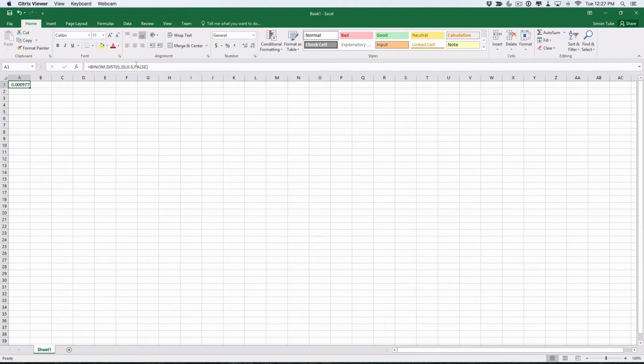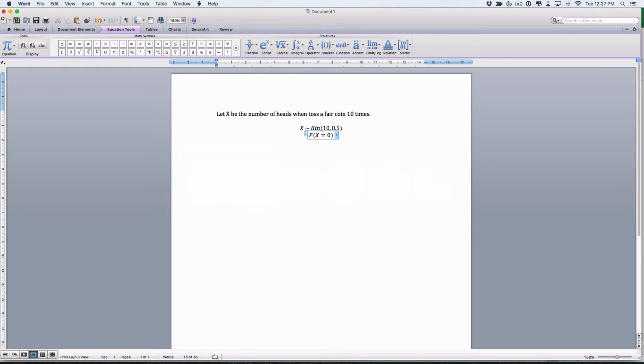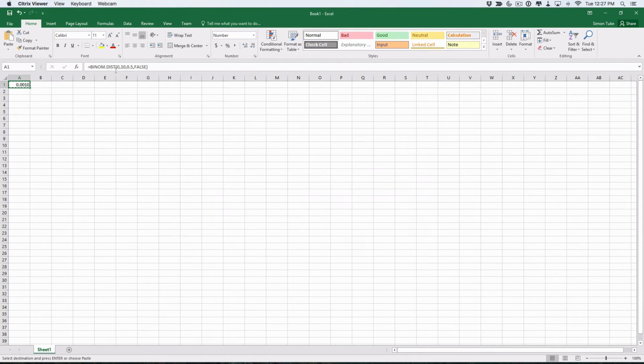It's nice to leave it like this, but we could also round that down. We could click on this and just do it to 4 decimal places. They use 4 decimal places. We can copy that. Now I can go back to Word and go equals. Remember, I want people to know that I knew how to do it, so I would write binom.dist. What were the numbers I used in the binom.dist? Let's look up here. Here's all the stuff.